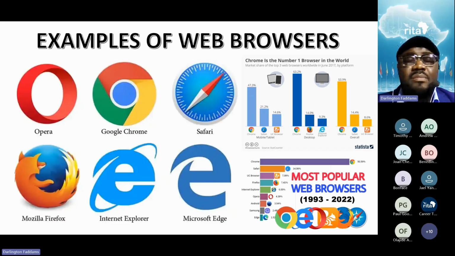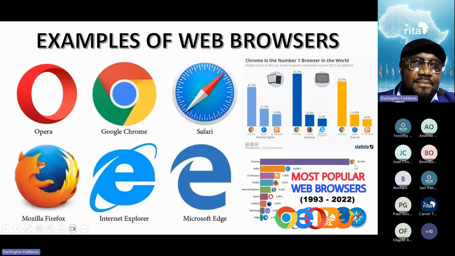So these are examples of web browsers. We all know them. And if you check the chart over here, from 1993 to 2022, the most popular browser today is Chrome. And when it comes to websites, web application development, software engineering, we use Chrome most of the time.